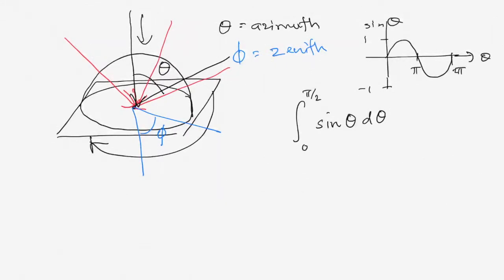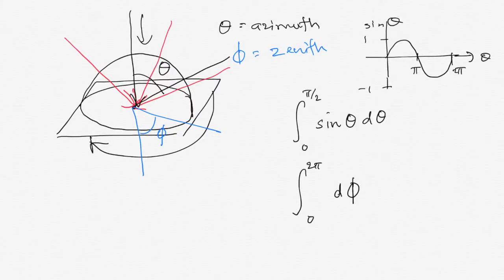Now how about the light that comes from the side? That can be written as this equation, from 0 to 2 pi. Why 2 pi? Because it's a circle, and it moves around the sides of the circle. And this simply equates to, from 0 to 2 pi, the difference of dφ.